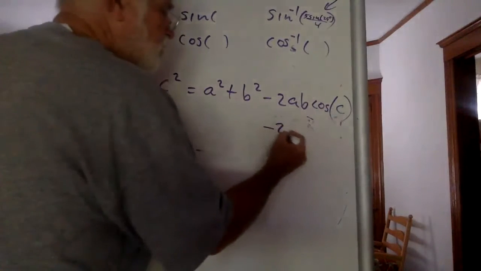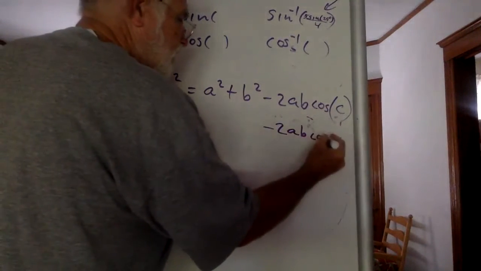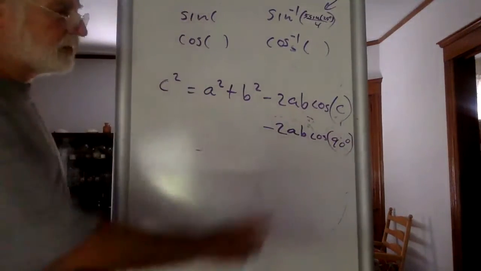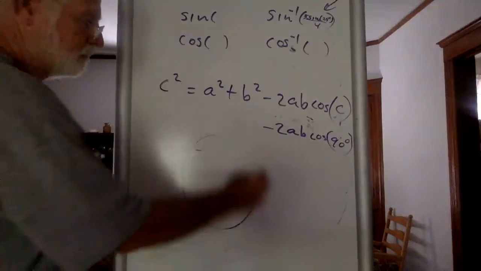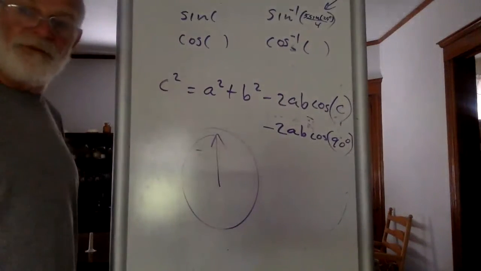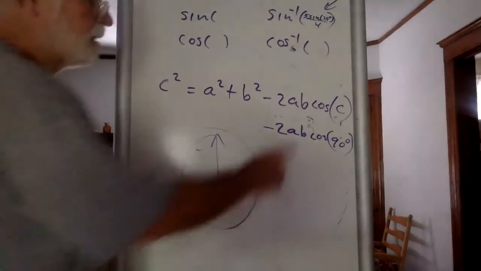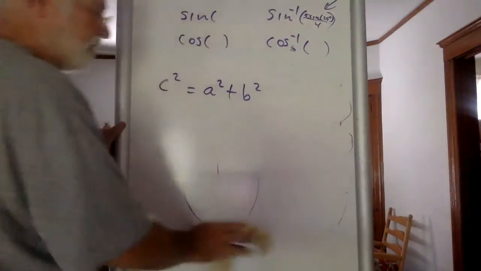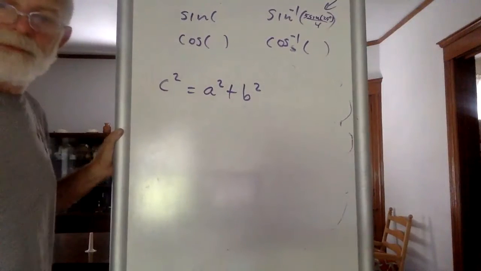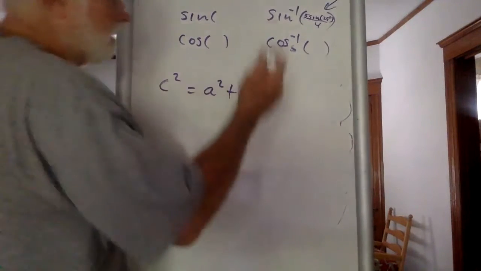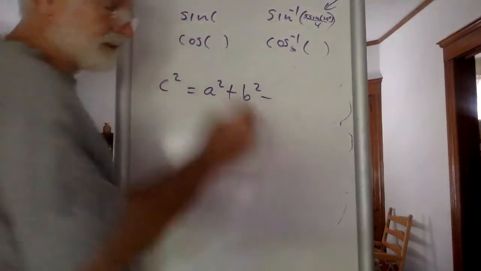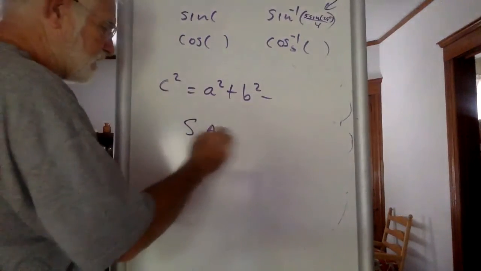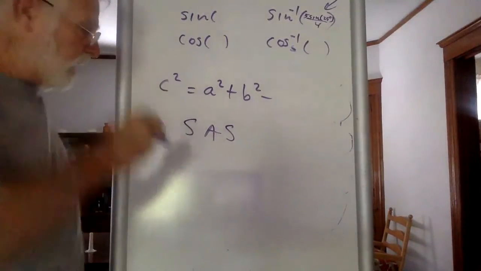Let's look at minus 2ab cosine of 90 degrees. What is the cosine of 90 degrees? If you said 0, you'd be right. And 0 would get rid of this. And what are you looking at? The Pythagorean theorem. So this is how I work with law of cosines. And you use law of cosines when you have side angle side.